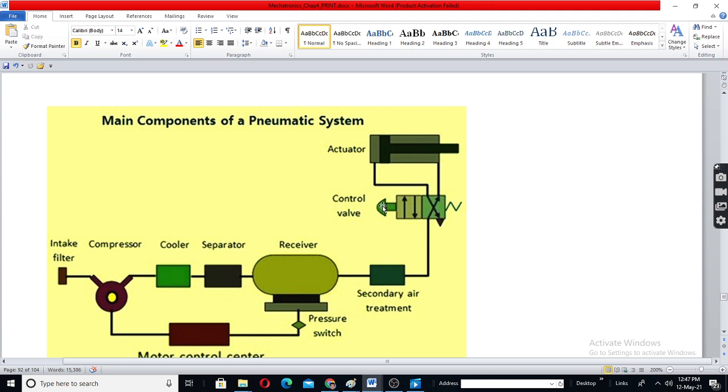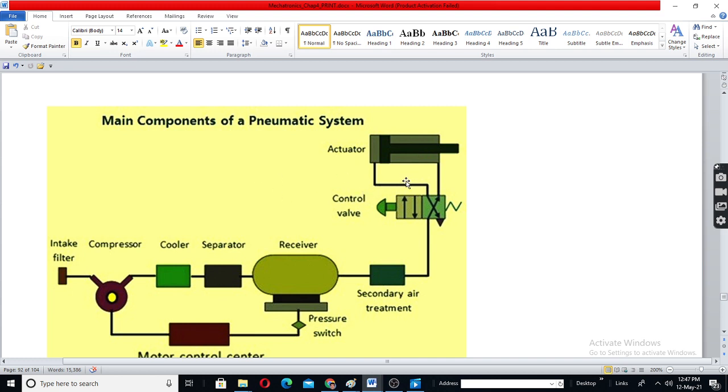This is the control valve. Whenever you operate this, either manually or by solenoid or whatever it is, this air will go. If it moves to this side, the piston will go to the right side. If it is directed towards the right side, the piston will move to the left side.